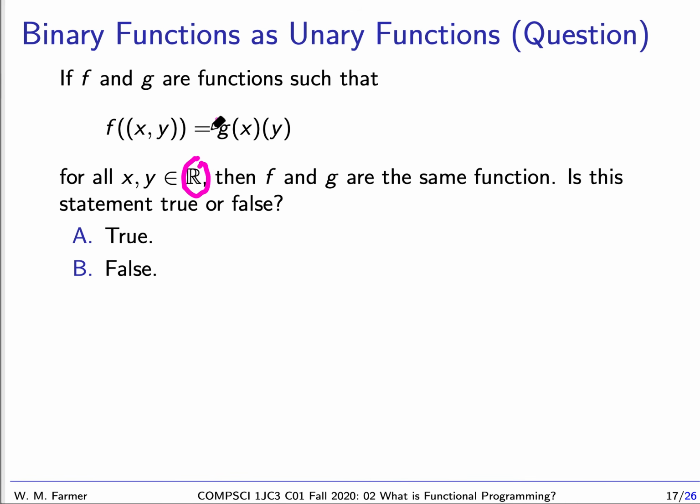But they're not the same function, because f here takes a tuple of two real numbers. G here takes a real number and gives back a function that takes a real number. So they have the same results, but they're different functions. So the answer here is B.